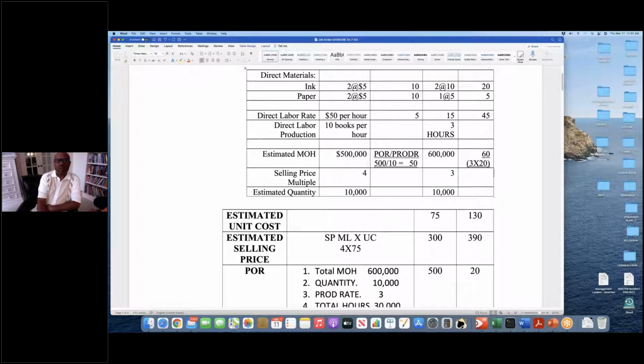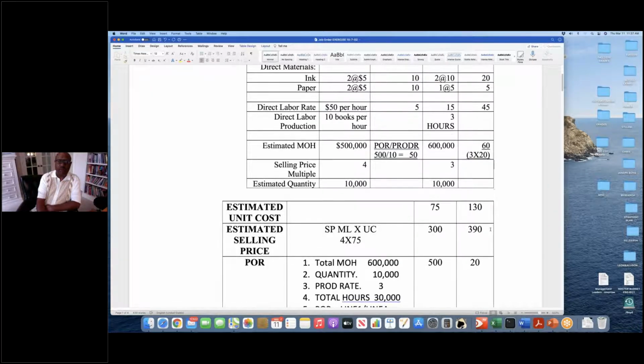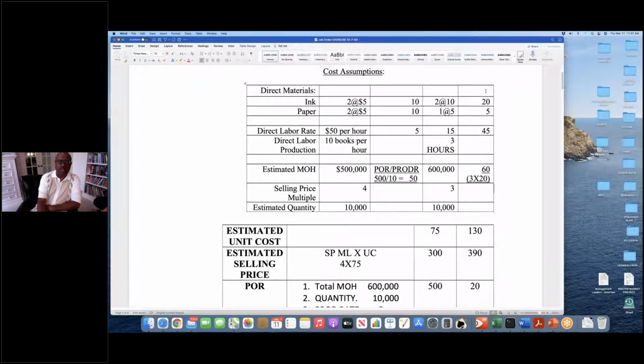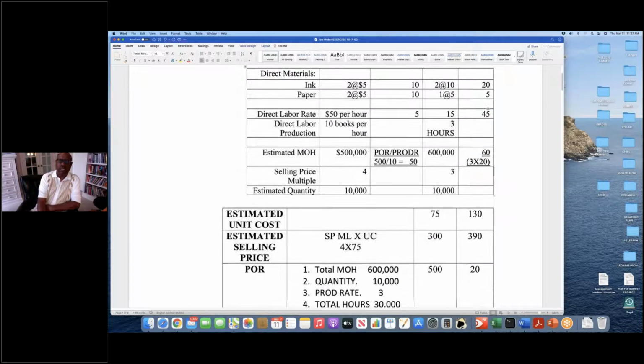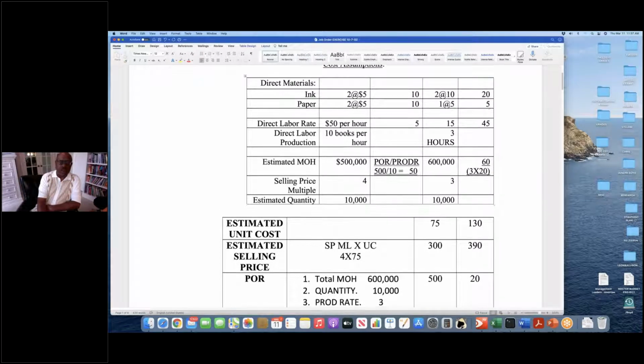Just realize we're using these numbers here this time. Okay, so we're using new numbers. You've already practiced on the old ones. We went through most of the old ones, so let's use some new numbers so we make it our calculation.